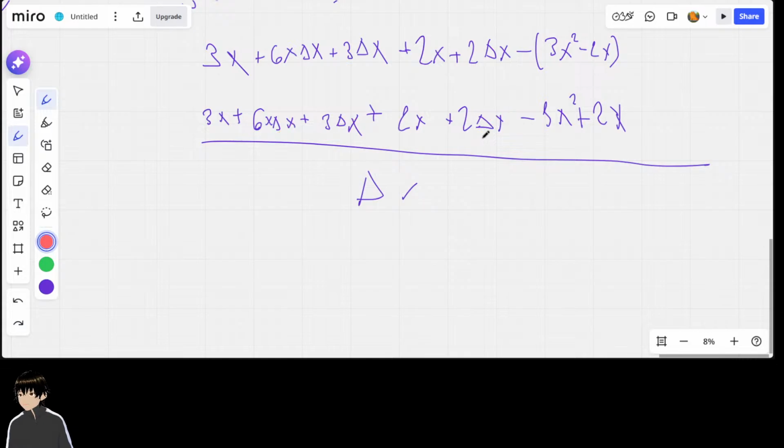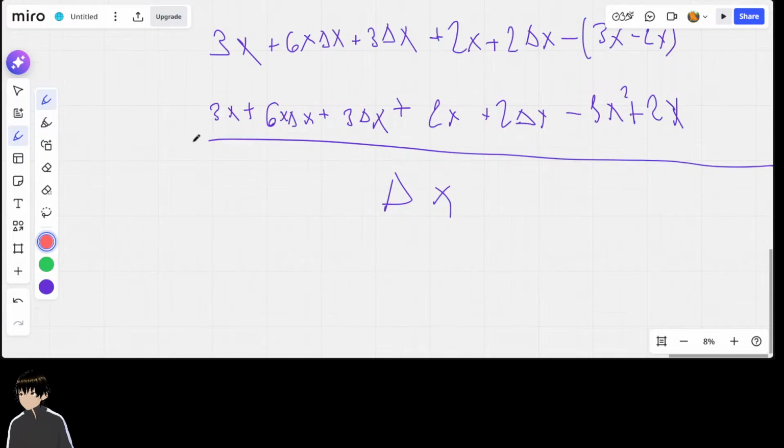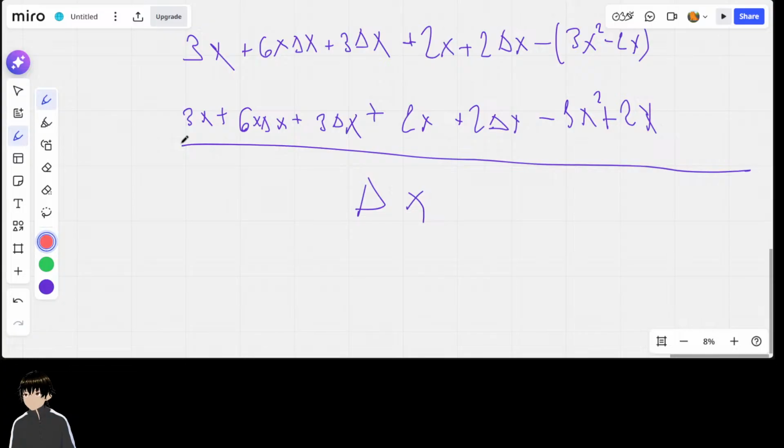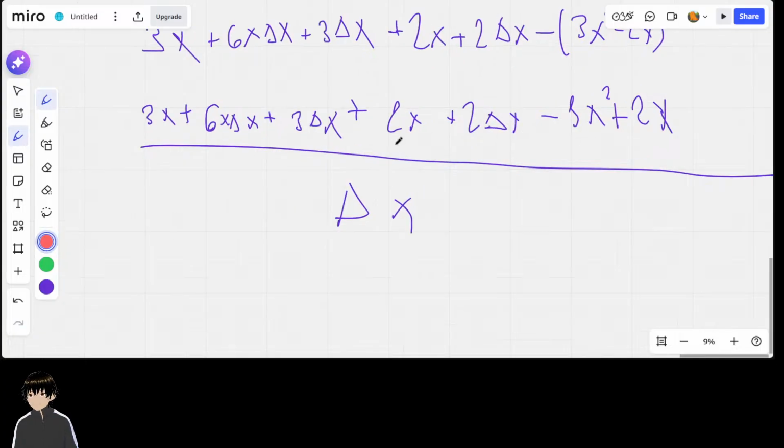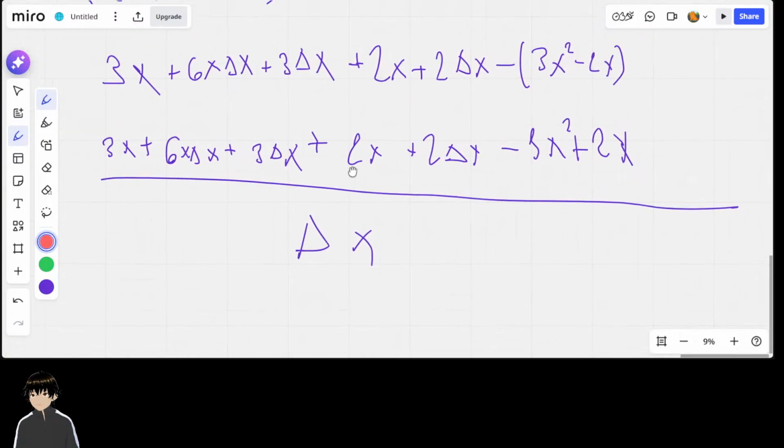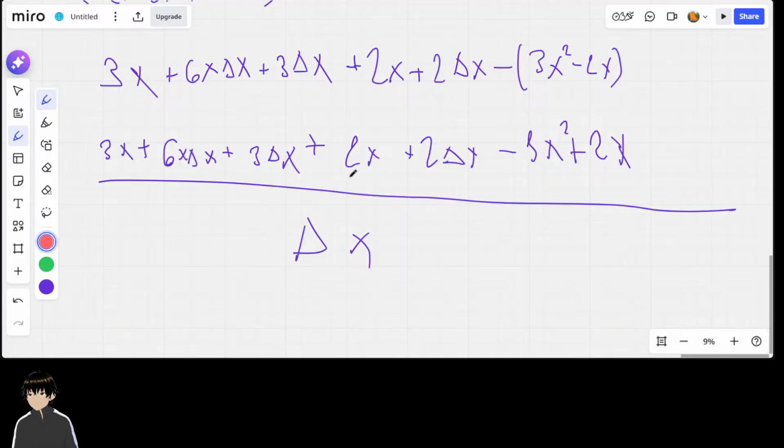Oh wait, no, I have to see the limits first.